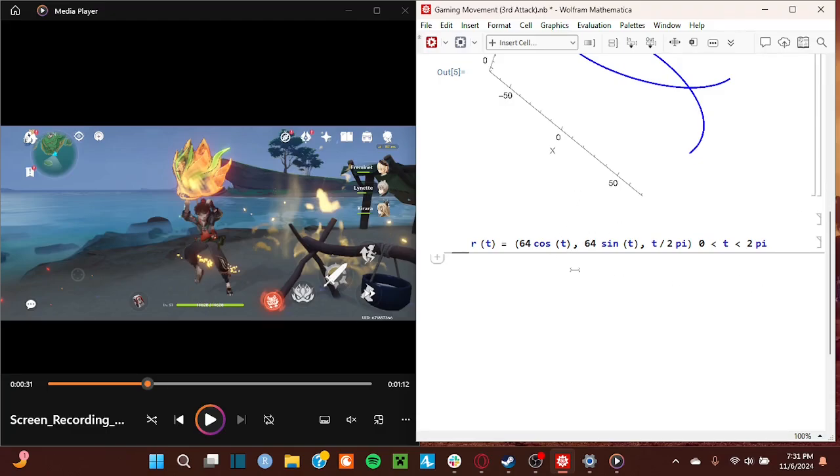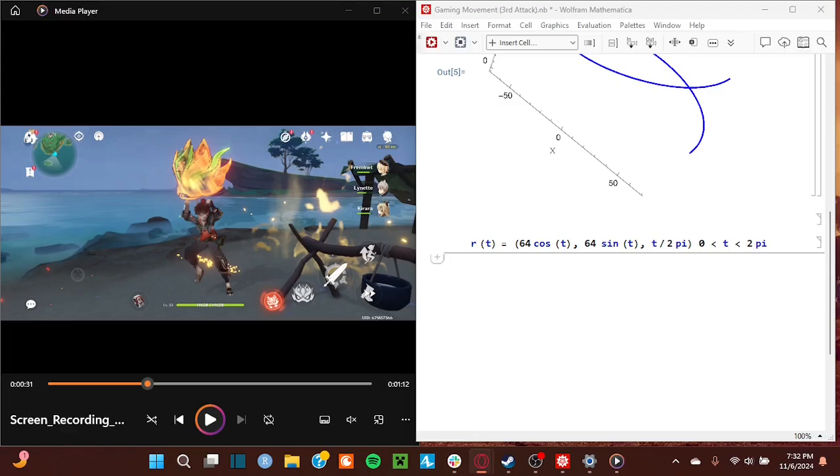Now next up, what we would then do is discover the speed equation and then the acceleration equation. Speed is represented by velocity. The first one is called position.